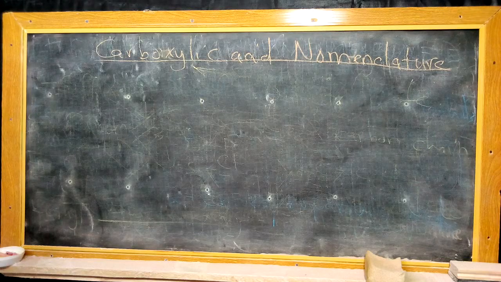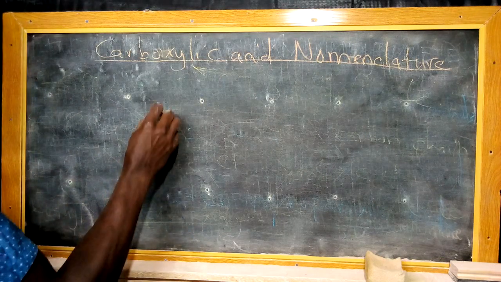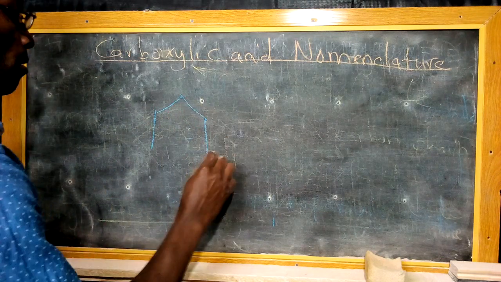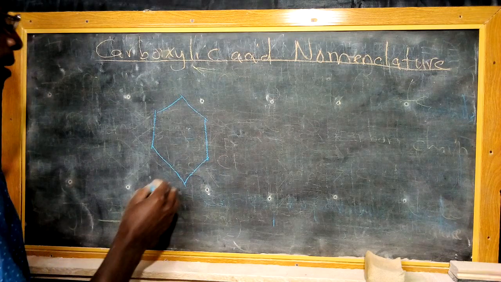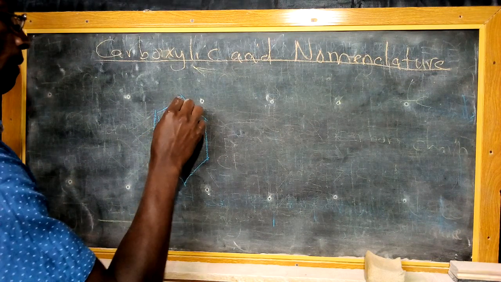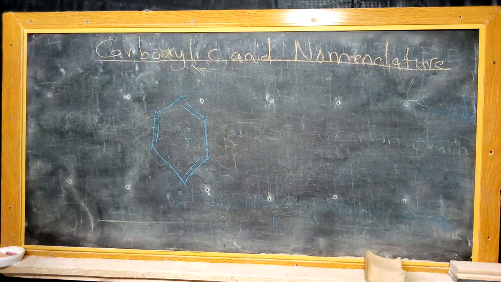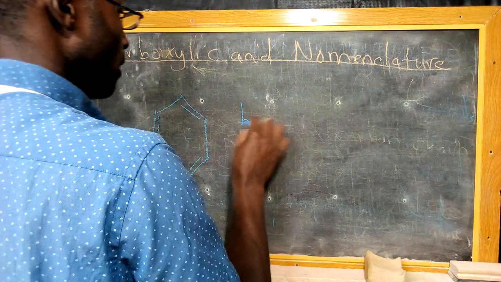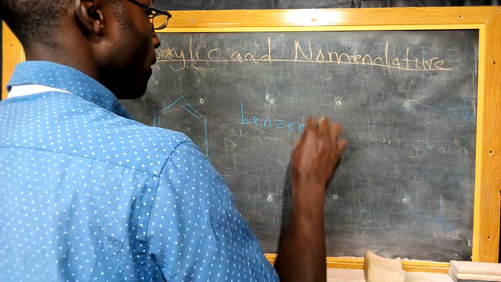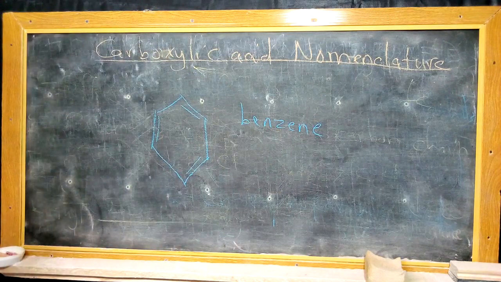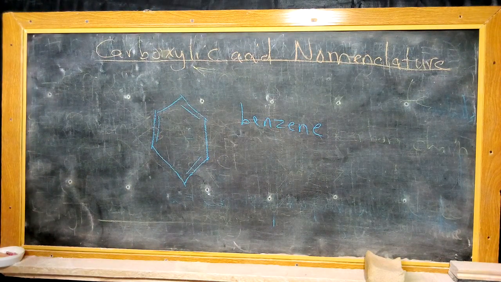So suppose we have a compound like this. This is an aromatic compound, but it's actually known as benzene. We're going to see a class of organic compounds known as aromatic compounds, but that compound is known as benzene.